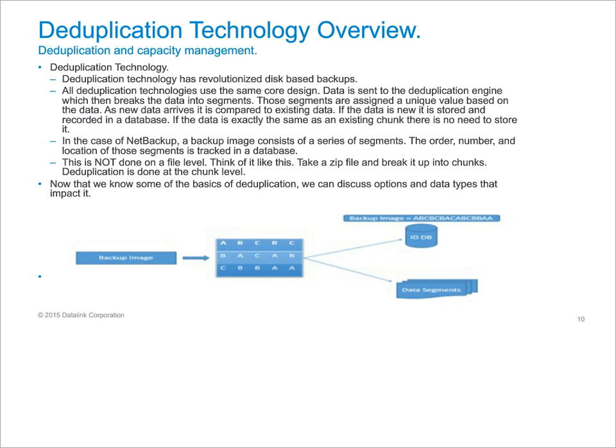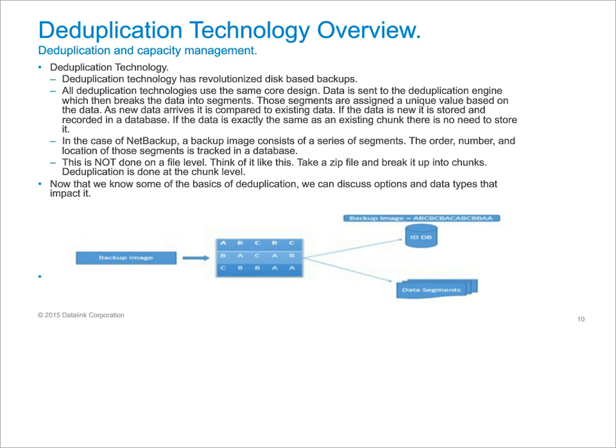One of the key things about this is that it's not done at a file level. It's easy to explain at a file level when you consider having 5 files that are identical. Would you want to store all 5 of those files, or would you write the file once and then have pointers that say, if you're looking for this file, it's here, if you're looking for that file, it's there, but they're the same file?